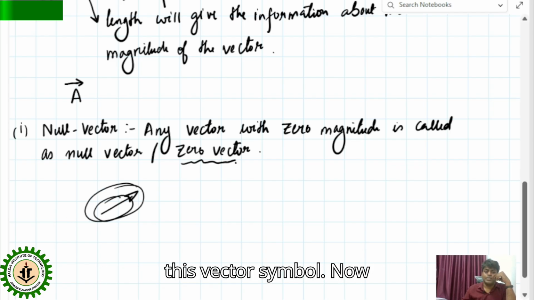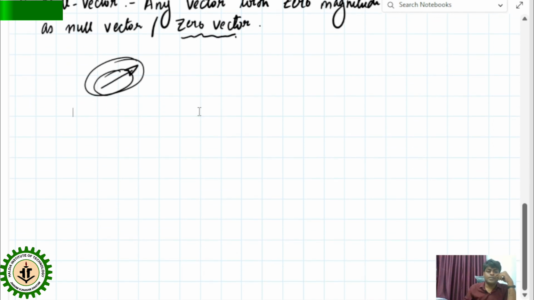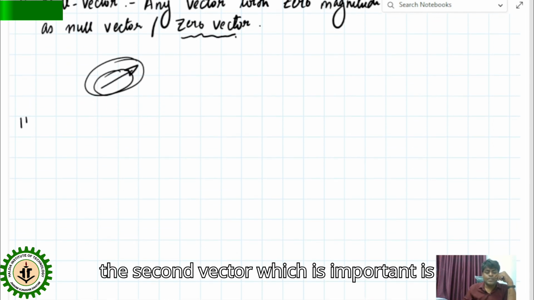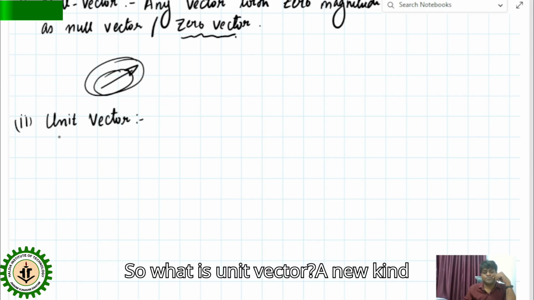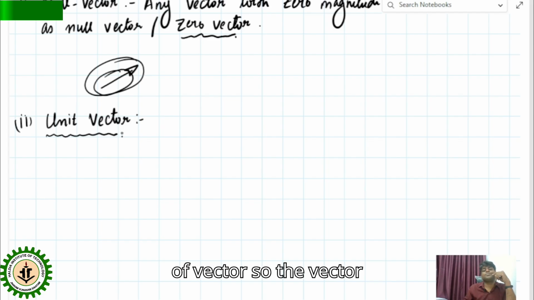Now the second vector which is important is unit vector. So what is unit vector? A new kind of vector.